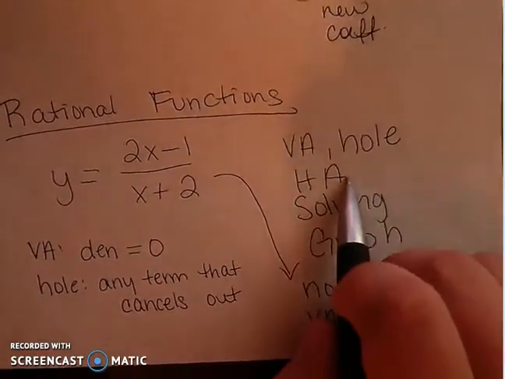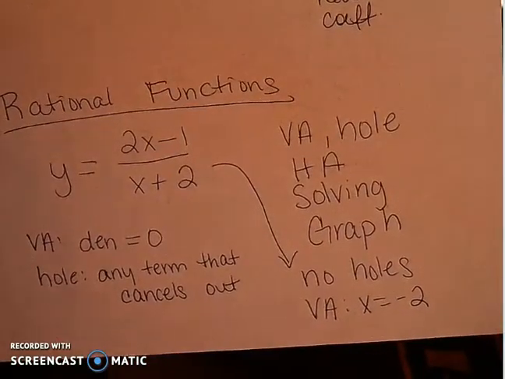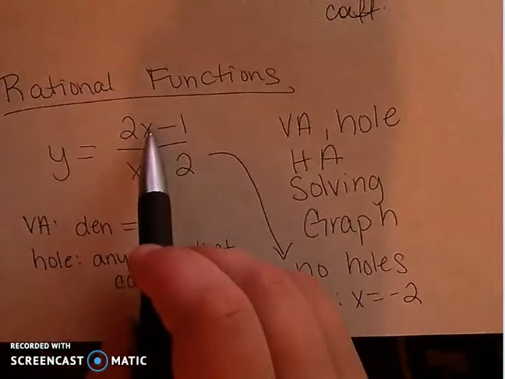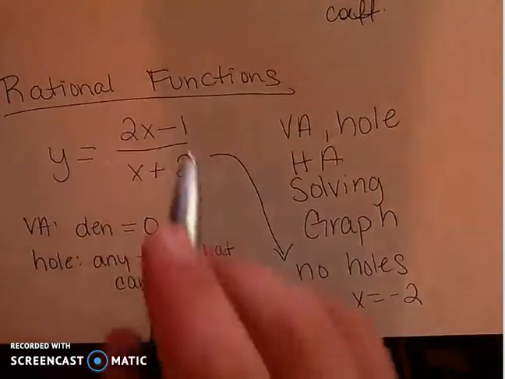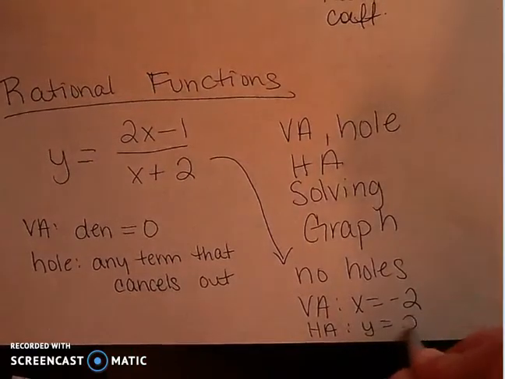For horizontal asymptotes, we have 3 cases, and it's all based off the degree. In this case, my degree is 1 in the top and 1 in the bottom, so I have a horizontal asymptote of y equals 2.